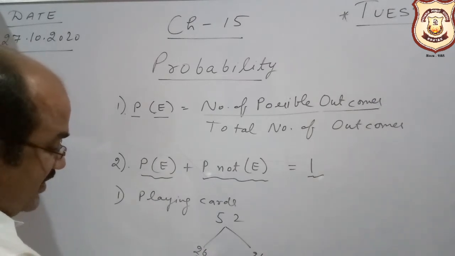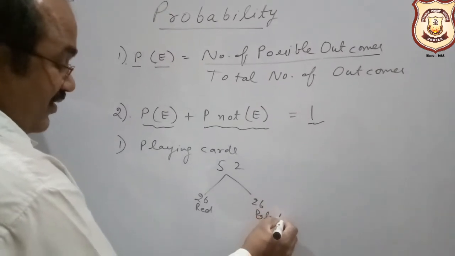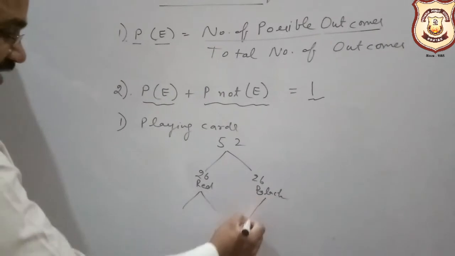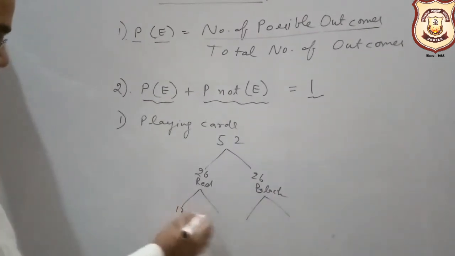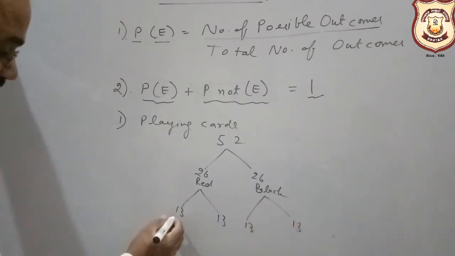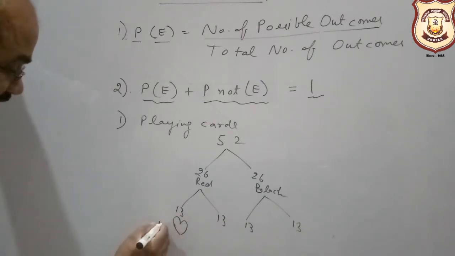These are red, these are black. Then again each is divided into two equal categories of 13. These 13 are shaped like this, heart.